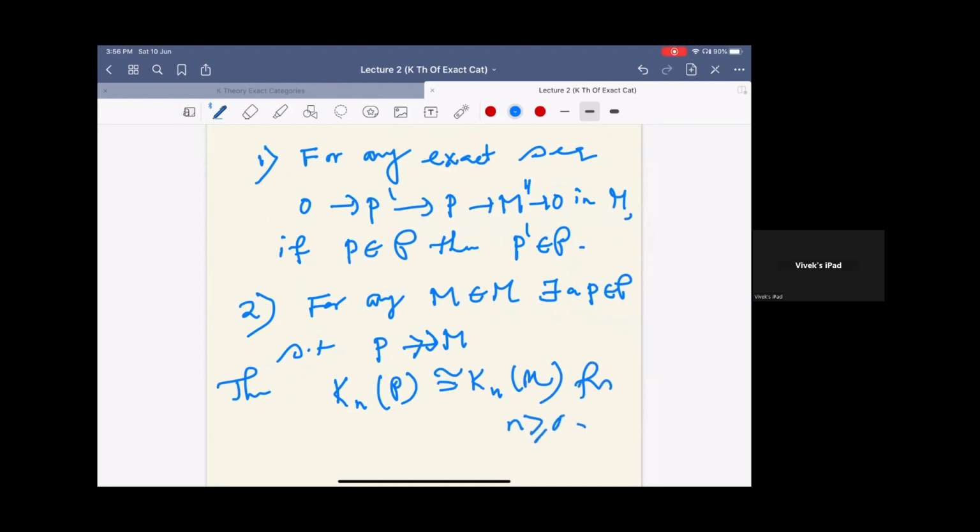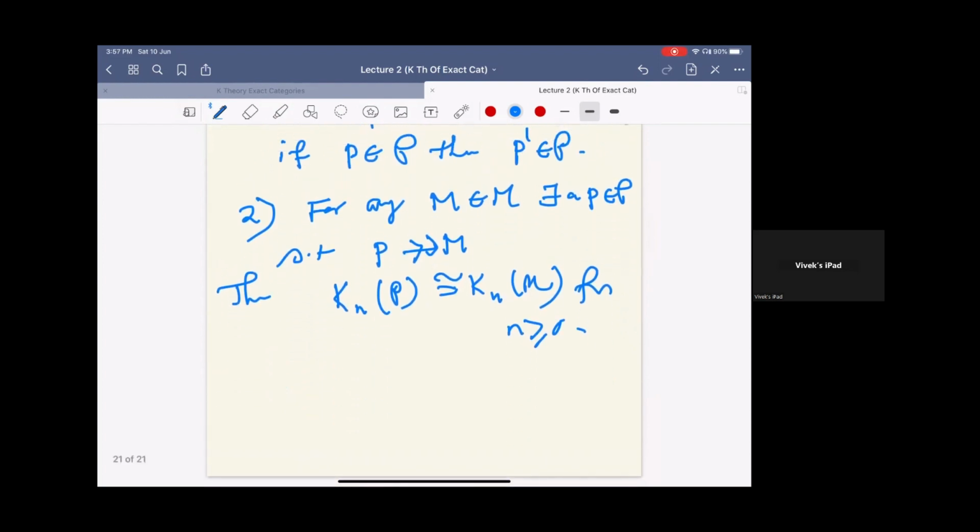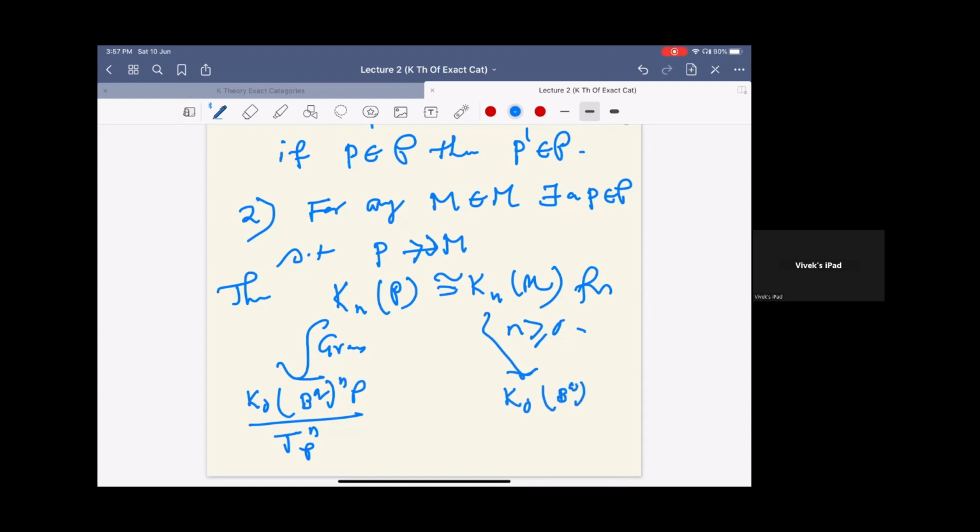And we proved it for K0, right? Now our goal is to prove it for higher K groups. So note that, using Grayson's technique, this is K0 of BQ_n rho modulo T_n rho, and this is K0 of BQ_n M modulo the diagonal part T_n M. So basically I want to prove the isomorphism between two groups, right?